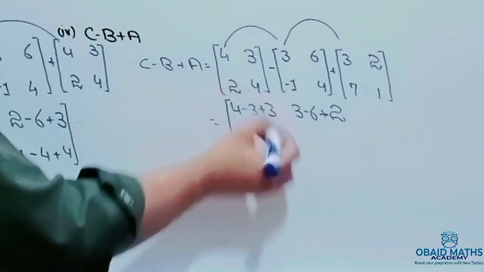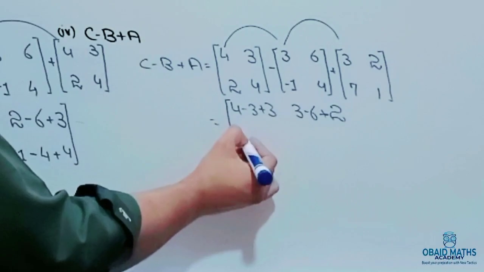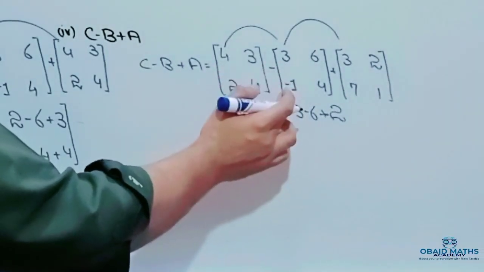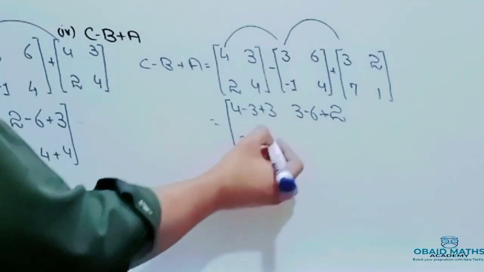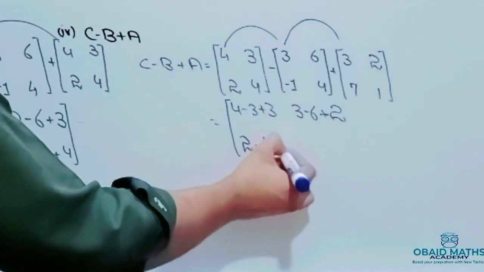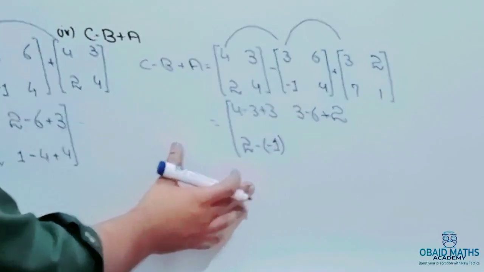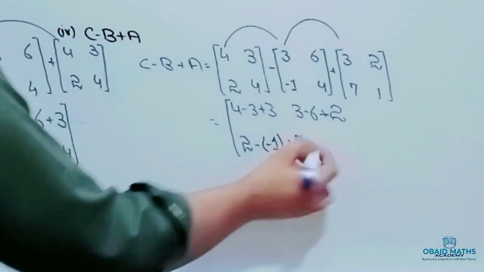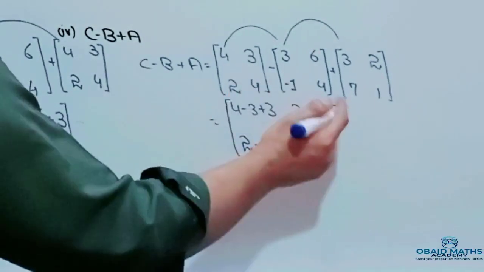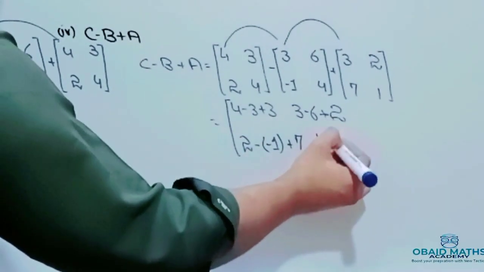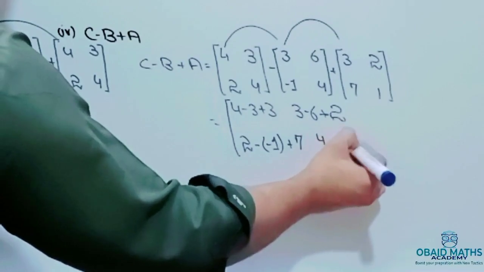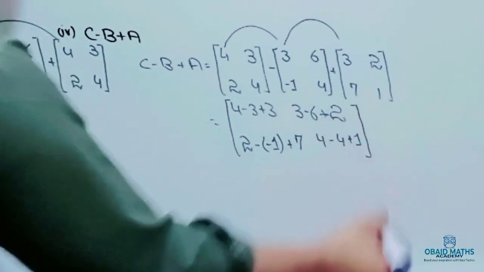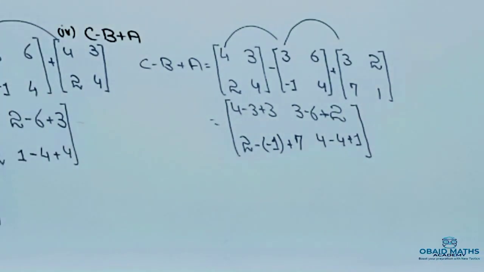The next part is making the third cofactor: 2 minus, here there are two negative signs, so I will use the bracket form, negative 1 in brackets, and the next, plus 7. The last cofactor, 4, minus 4, and plus 1. This is the arrangement of the three matrices.